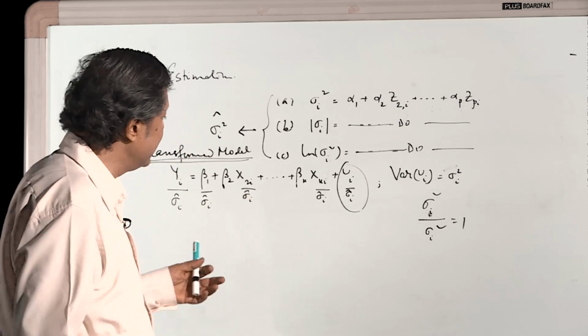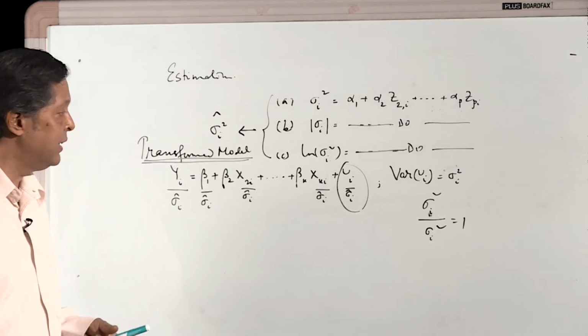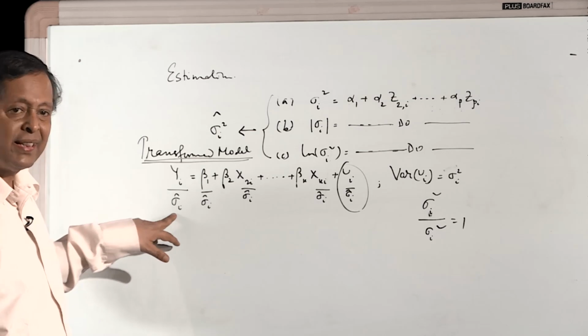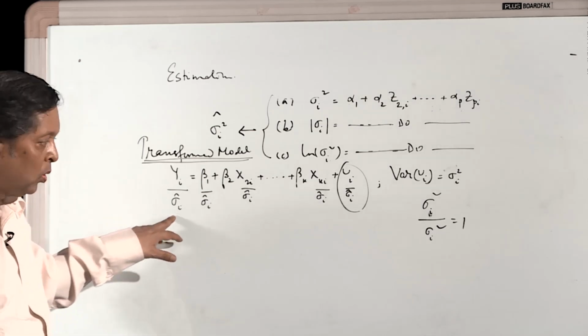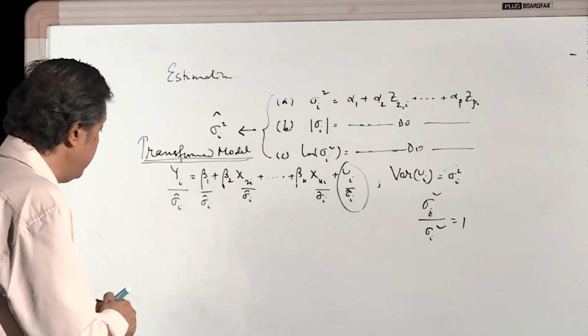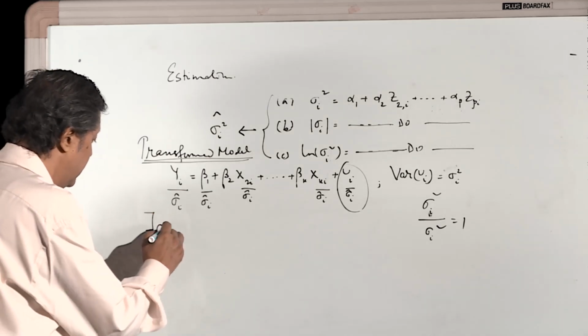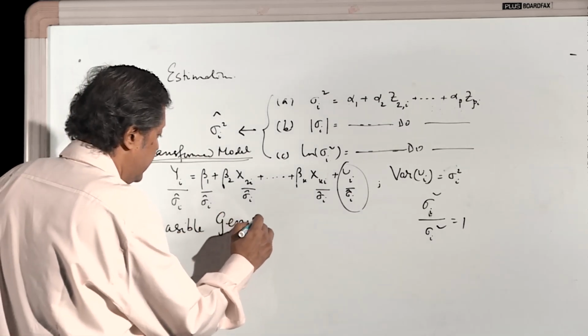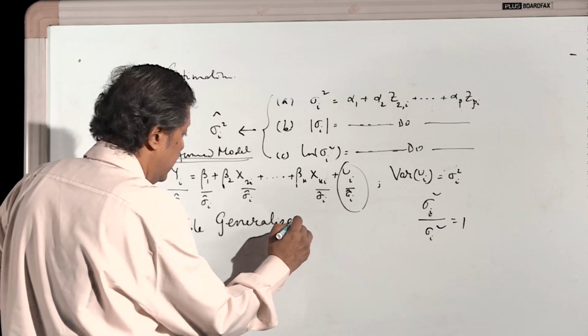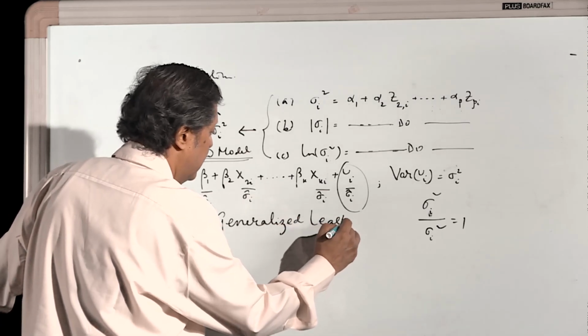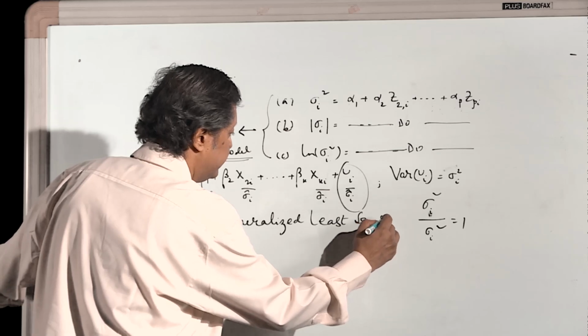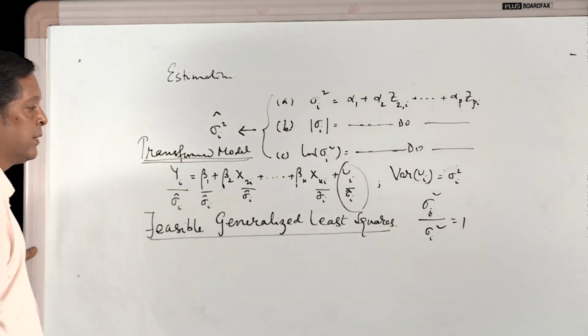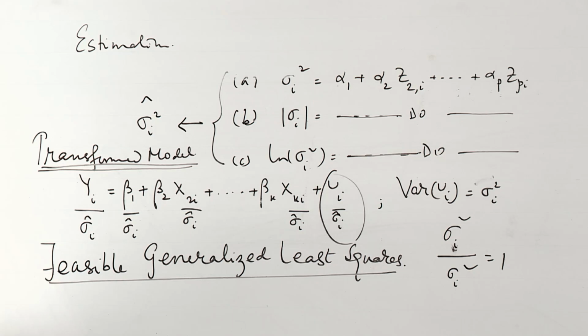This is called generalized least squares, but since generalized least squares would require sigma i to be known, whereas sigma i is not known, this method of estimation is known as feasible generalized least squares. So, that is the feasible generalized least squares method of estimating the model which exhibits heteroskedasticity.